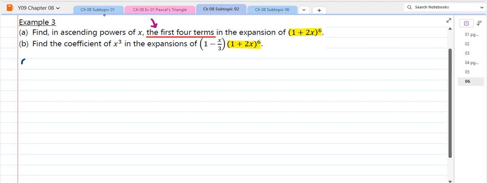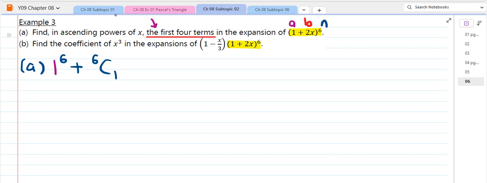So A and B are very, very related. So let's begin. For this question, your a is 1 and your b is positive 2x. Here you also have the power of 6. So you begin with a to the power of n, which is 1 to the power of 6, which is always 1, plus the second term, which is 6C1. There's a coefficient, which uses combination over here, and there's also 1.